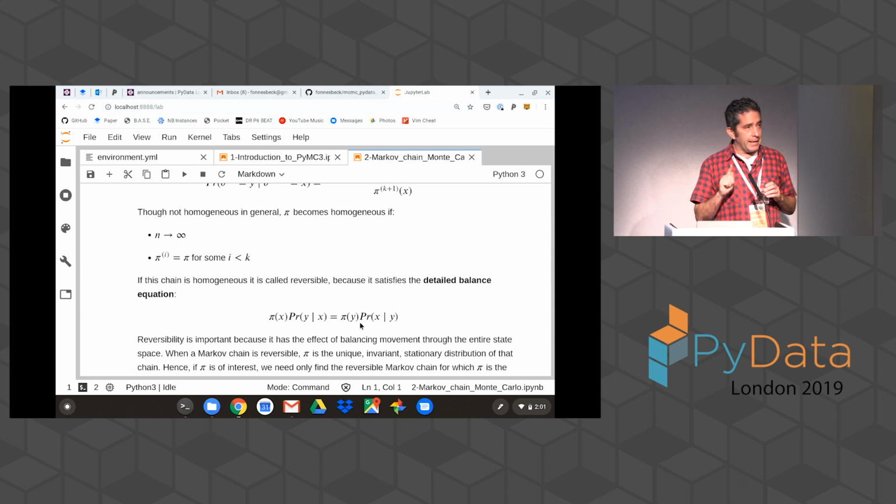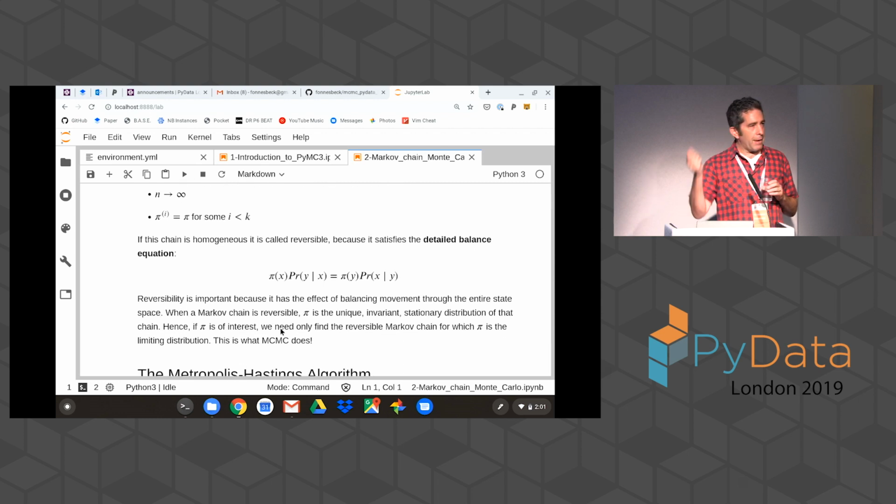If the Markov chain that you generate satisfies this, it's called the detailed balance equation or reversibility, then if you sample from this as n goes to infinity, you will get samples that are indistinguishable from the true underlying posterior distribution, the pi here. Right?